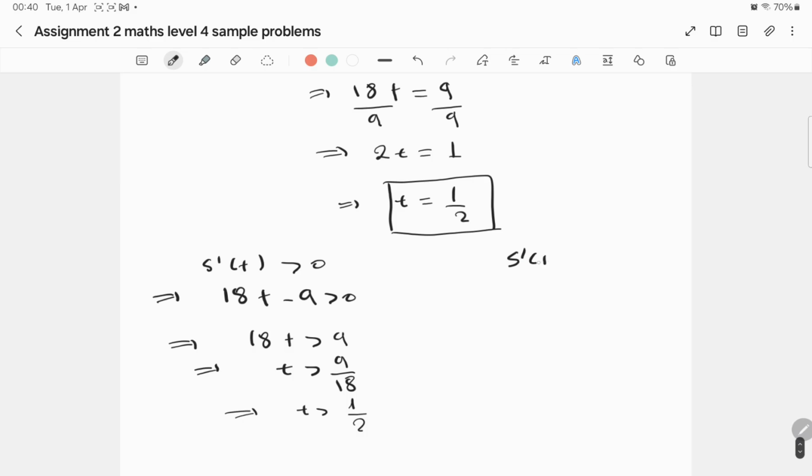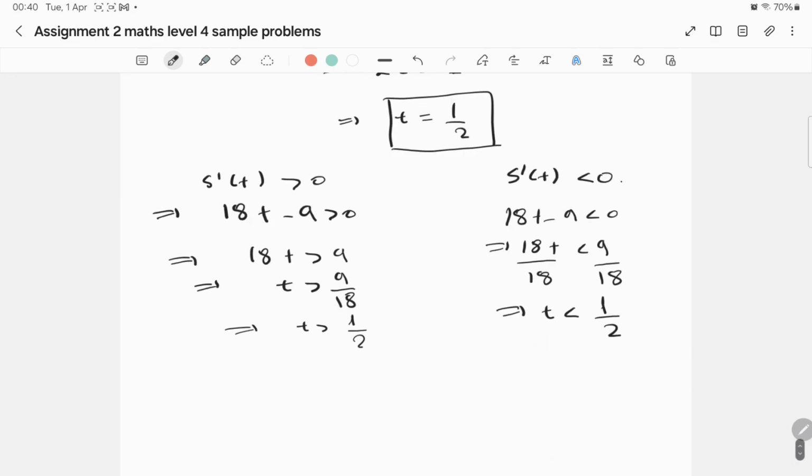And then s prime of t less than 0, 18t minus 9 less than 0, 18t less than 9. I divide both sides of the inequality by 18, and I have that t is less than a half.